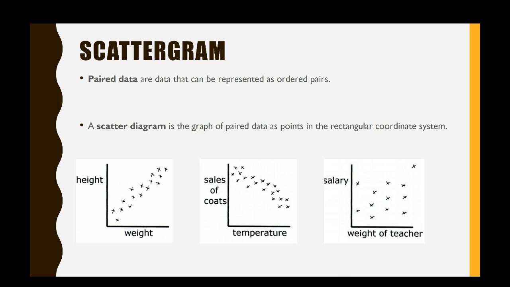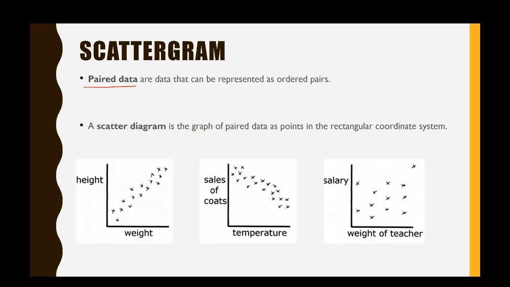A scattergram may be something that we've seen, or maybe we remember some ideas of it from math classes in the past. When we're looking at a scattergram, we're looking at paired data, that is, data that can be represented as an ordered pair.